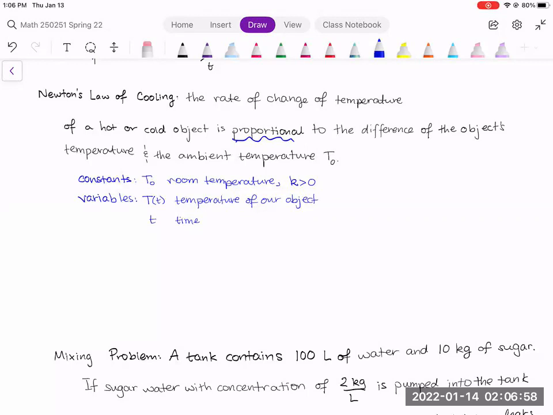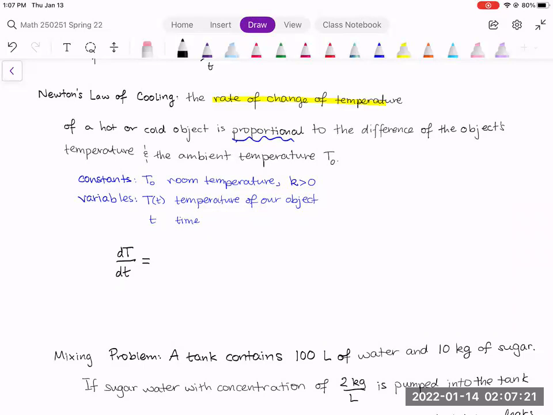Okay, so let's try and capture this. So it says the rate of change of temperature. So this is going to be dT/dt, d capital T, d little t, is supposed to be proportional to the difference of the object's temperature and the ambient temperature T naught.